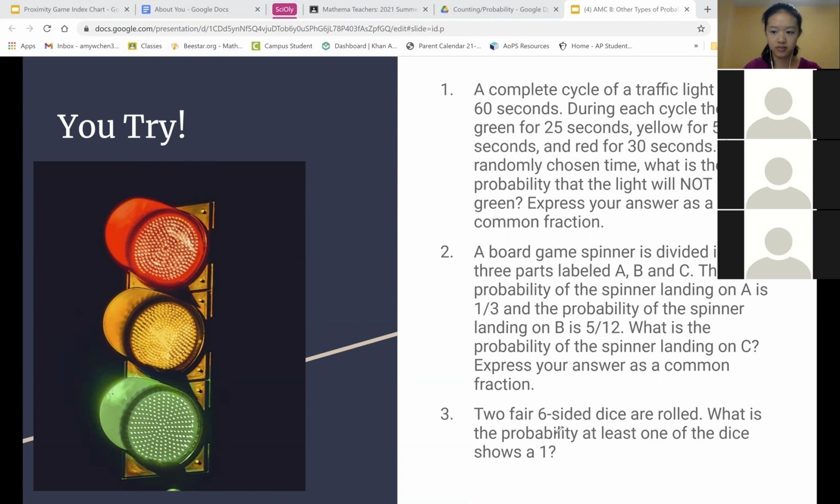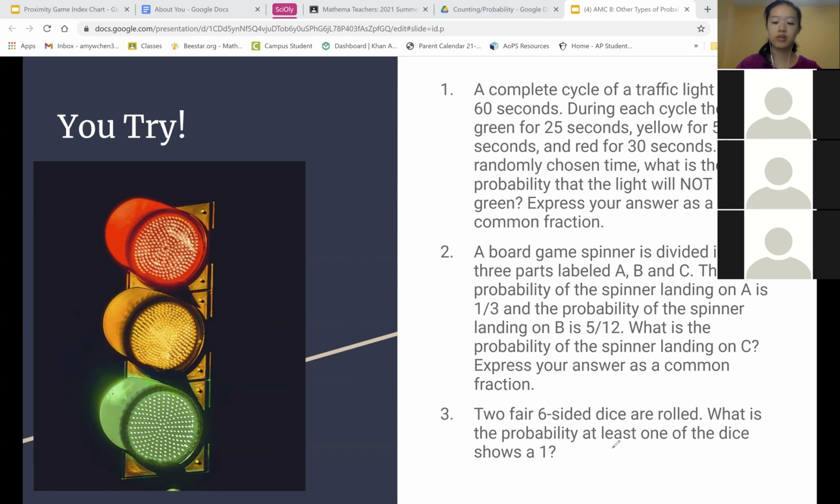I think I did it wrong. Okay, I'm gonna show the solution. All right, that's okay.